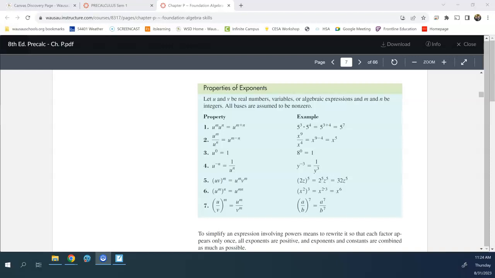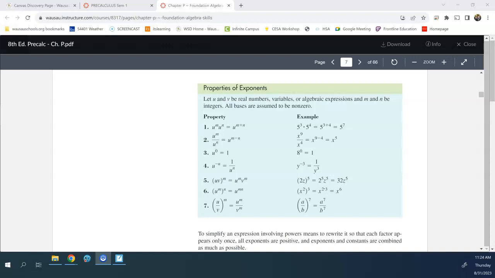If we have the same base and we're multiplying, we add the exponents. If we have the same base and we're dividing, we subtract the exponents. Anything to the 0 power is 1. If we have a negative exponent, we move it to the opposite side of the fraction bar, and it becomes positive.